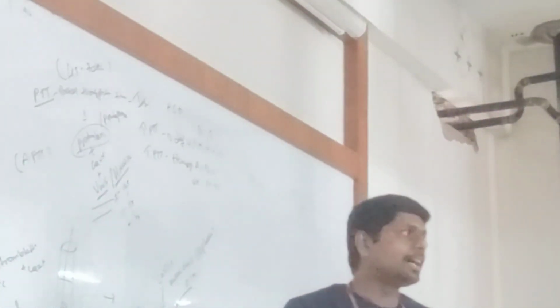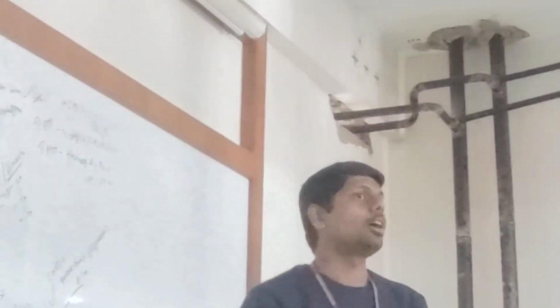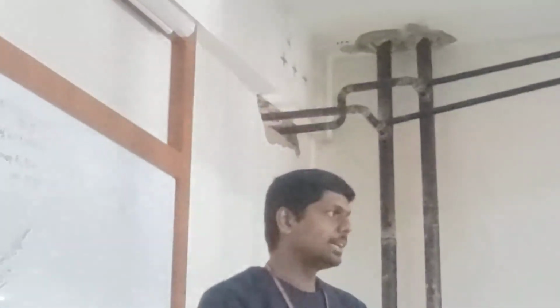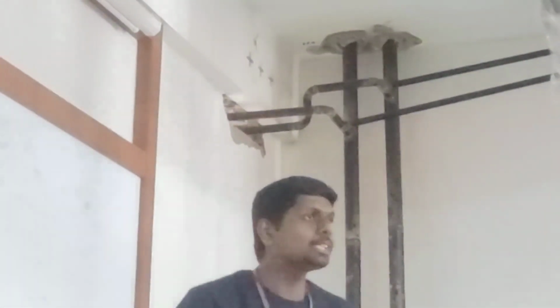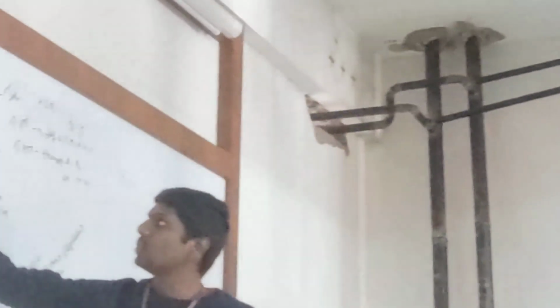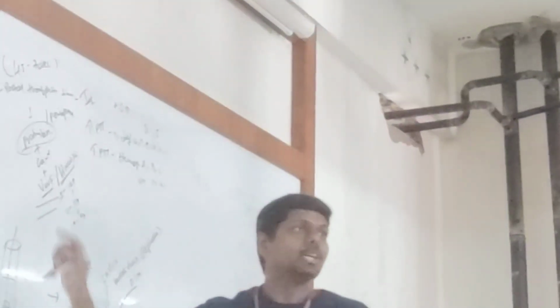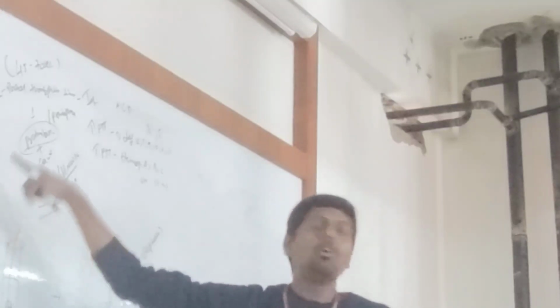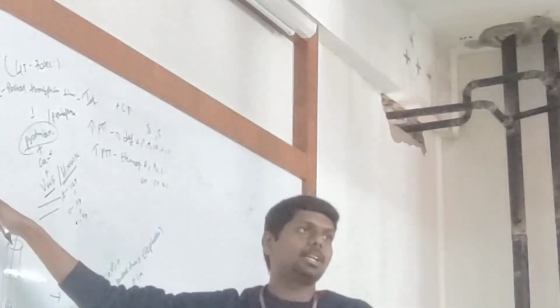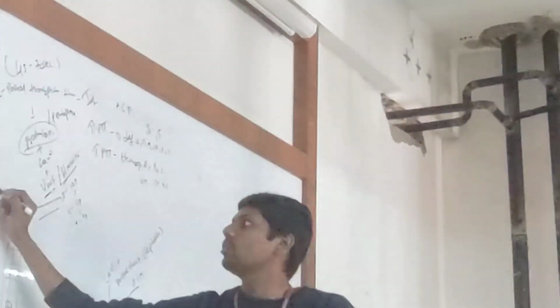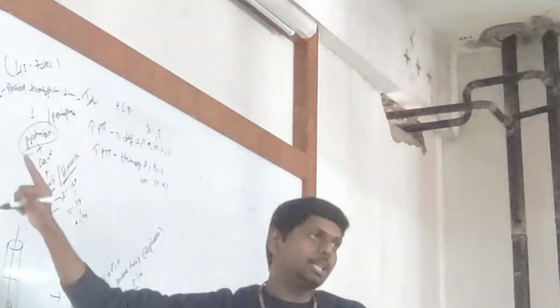Okay, considering the contact inhibition and contact activation of platelets, to minimize that interference, we modified this test to activated partial thromboplastin time. This I will discuss tomorrow, how PTT is different from APTT. APTT is more of a gold standard technique compared to PTT.